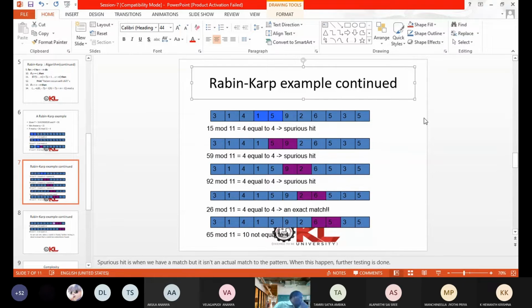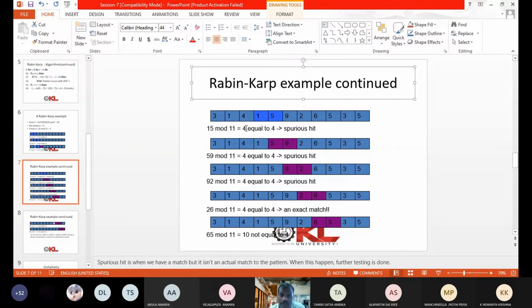A spurious hit is one where the actual characters of the string are not matching, but their hash value is the same. In our pattern 26 is there, but here 15 is there, which is not matching.